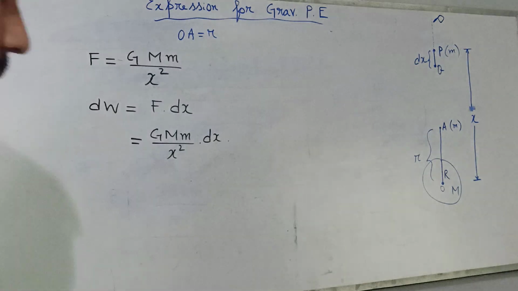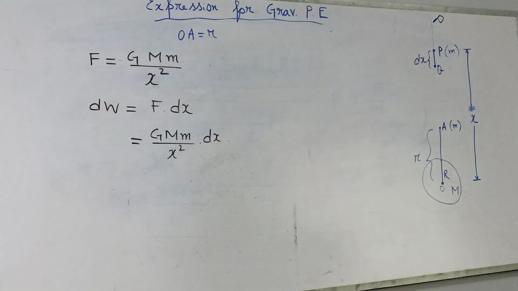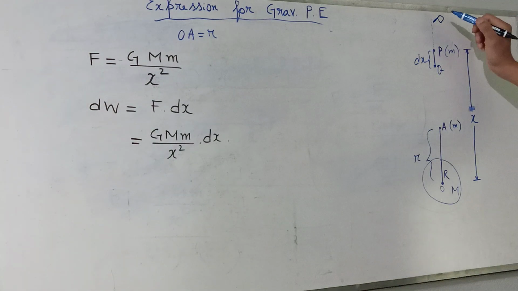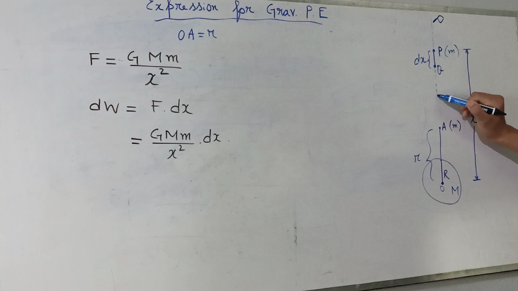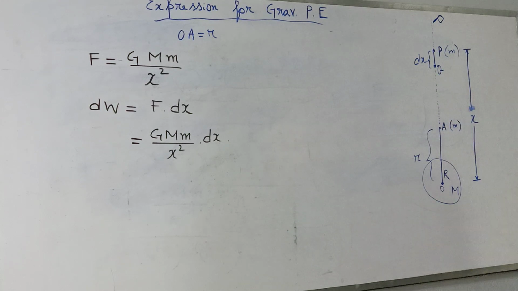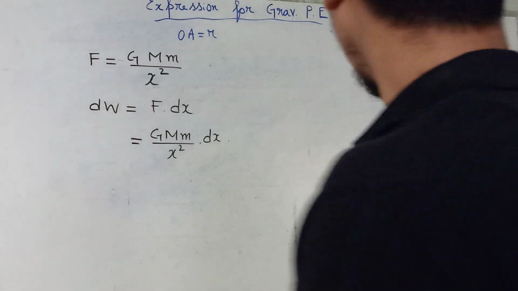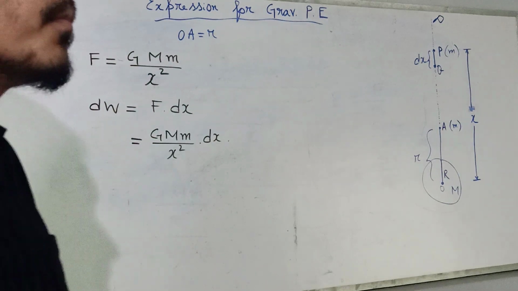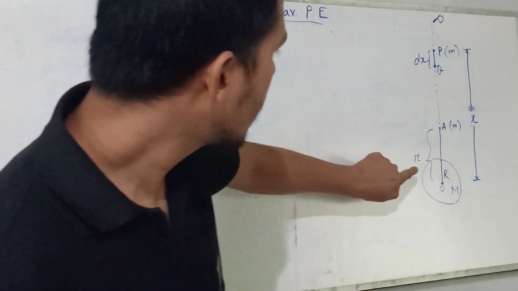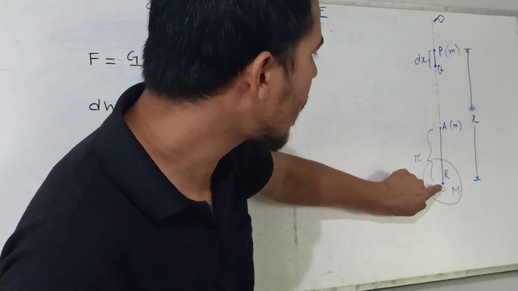Therefore, the total work done in bringing the body from infinity to point A can be obtained by integrating between the limits. Here, this point A is at the distance r from the center of the Earth.